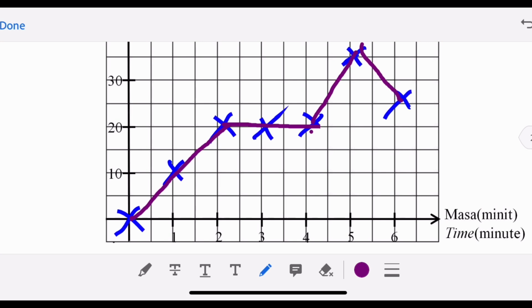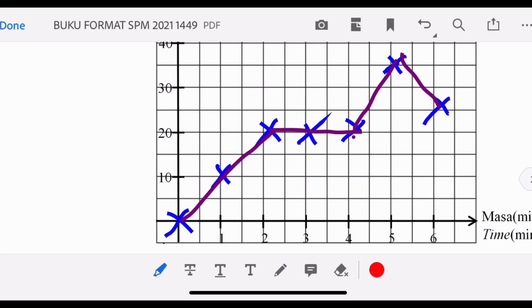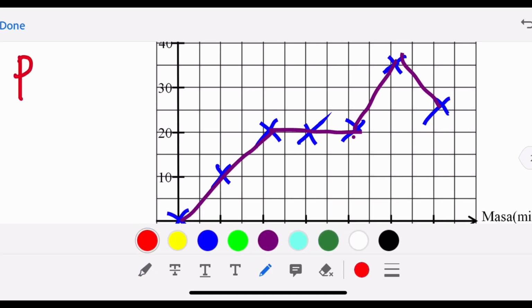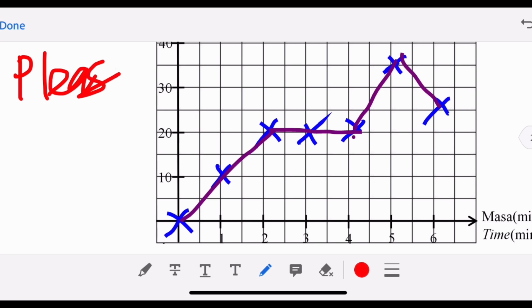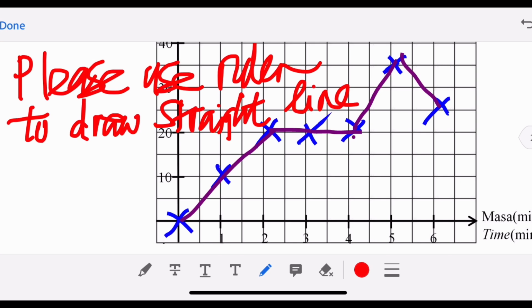It's quite simple for you to score full marks, because it's actually a straight line with a different shape. Maybe it's horizontal, or maybe the line is going up or going down. After you plot the graph, make sure the line is a straight line drawn by you using a ruler. It's very important to highlight to you, all the lines must be drawn using a ruler.